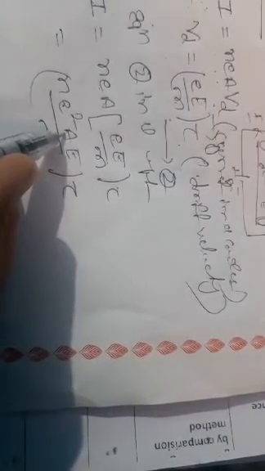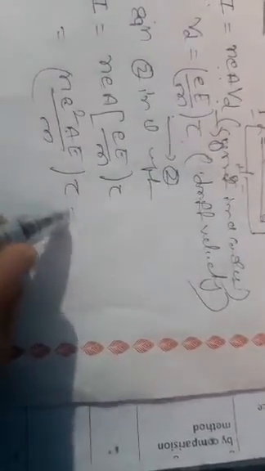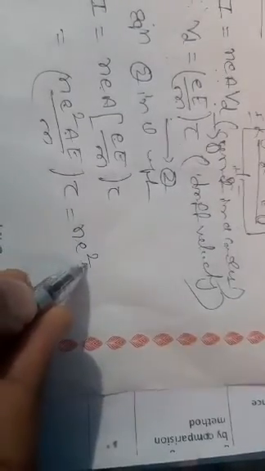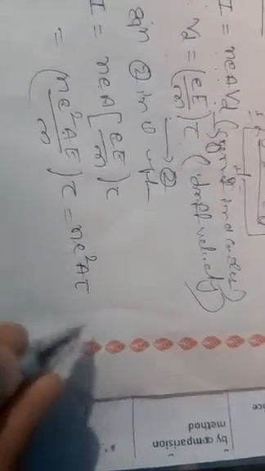Or n e square A tau by m, with the electric field E taken outside the bracket.